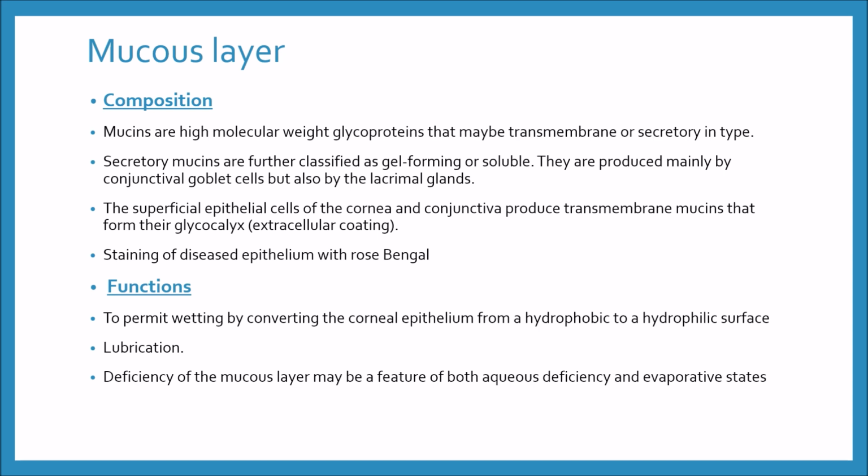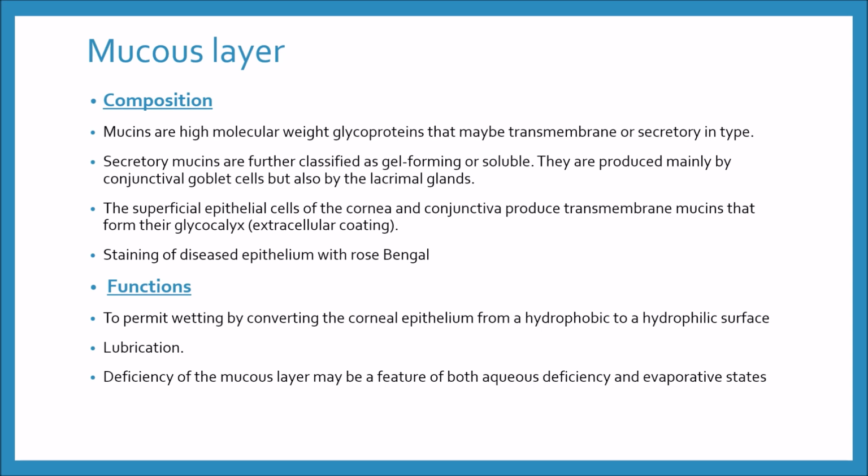The superficial epithelial cells of cornea and conjunctiva produce transmembrane mucins that form their glycocalyx, which is an extracellular coating. Staining of diseased epithelium with rose bengal indicates that the transmembrane and gel mucus layer are absent and the cell surface is exposed.